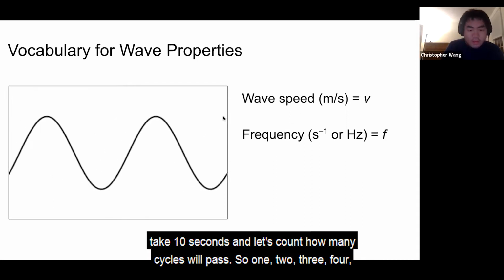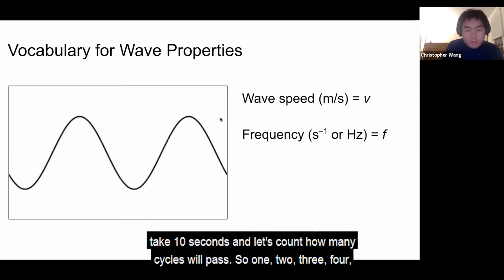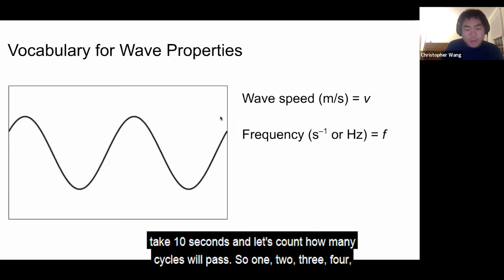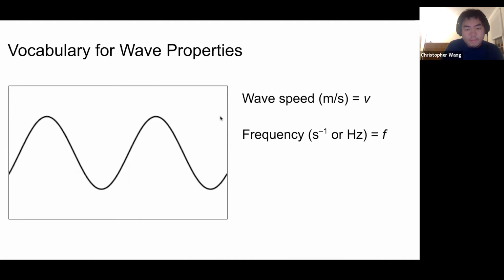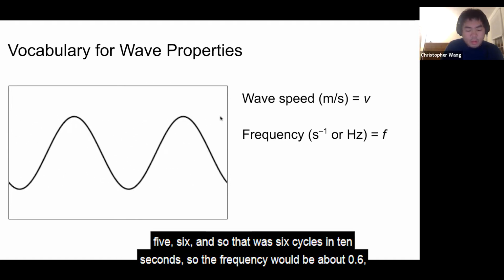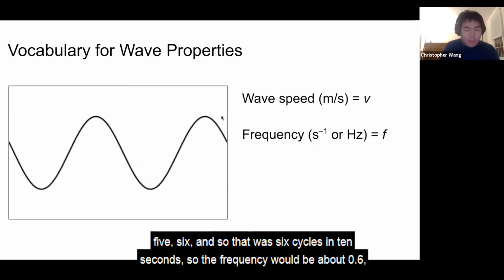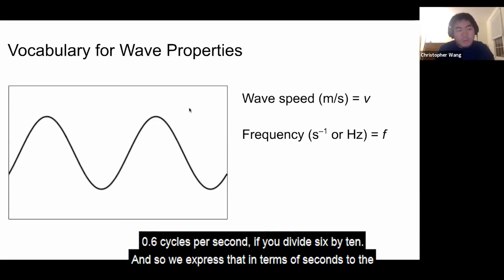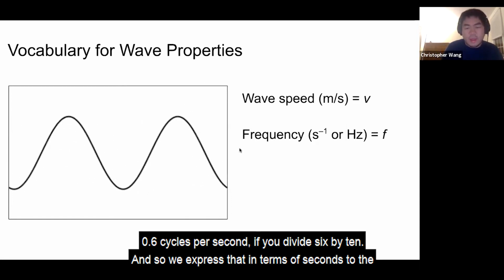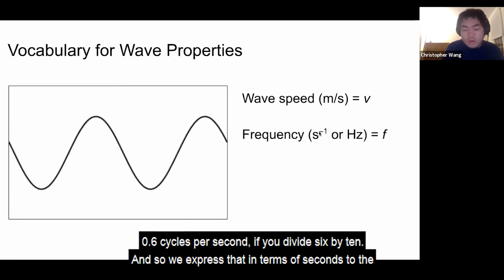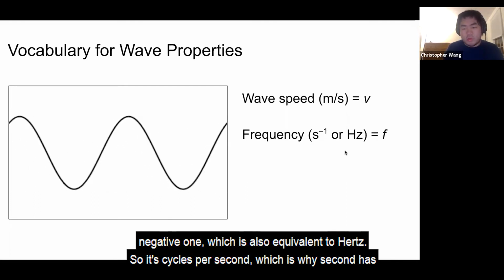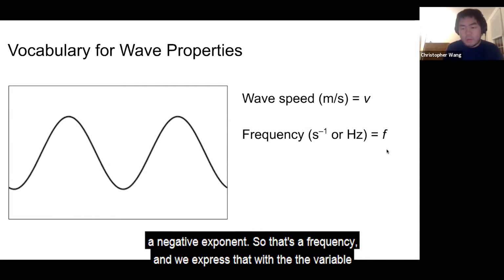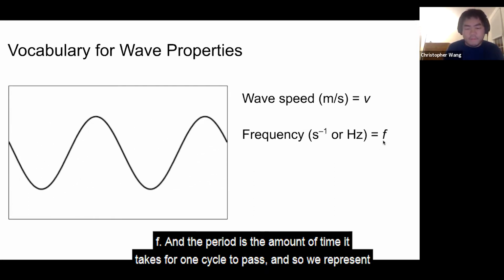Let's take 10 seconds and count how many cycles pass. 1, 2, 3, 4, 5, 6. So that was 6 cycles in 10 seconds. The frequency would be about 0.6 cycles per second if you divide 6 by 10. We express that in terms of seconds to the -1, which is equivalent to hertz. It's cycles per second, which is why seconds has a negative exponent. That's the frequency, and we express it with the variable f.